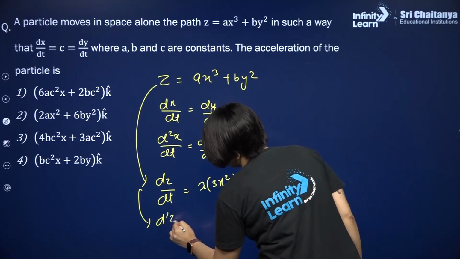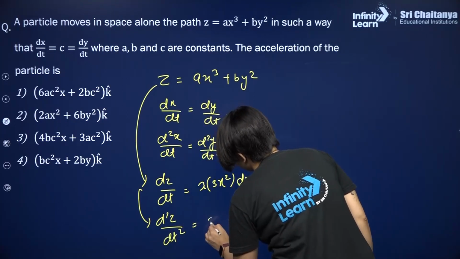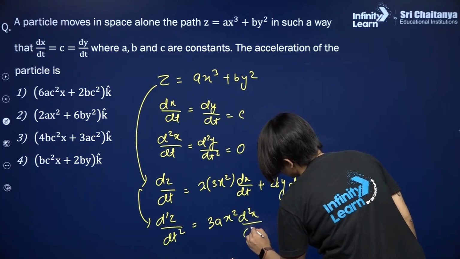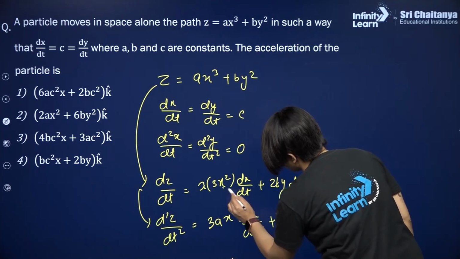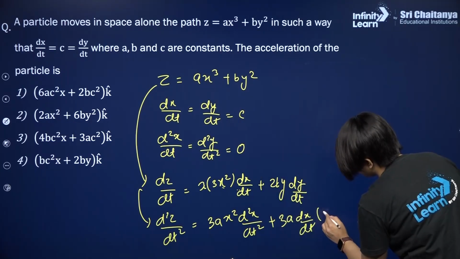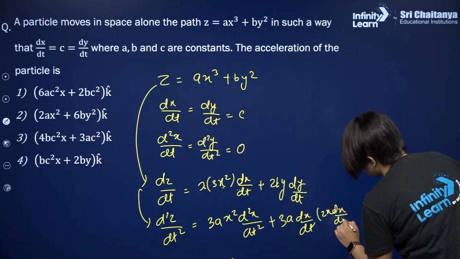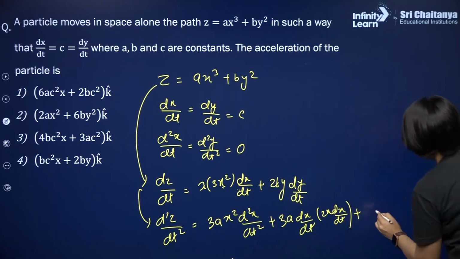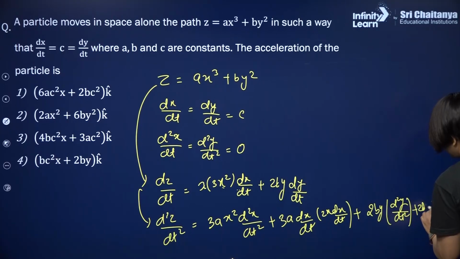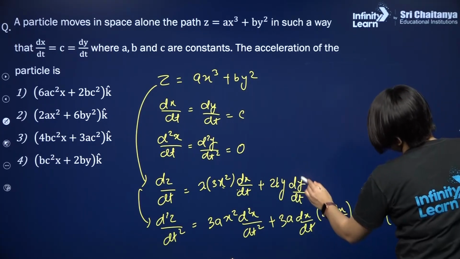So, it is d2z upon dt square, that is 3a x square d2x upon dt square plus I am applying product rule between these two. So, this will be 3a dx upon dt into 2x dx upon dt plus 2by d2y upon dt square plus it will be 2b dy by dt into differentiation of y will be dy by dt. Applying product rule for y and dy by dt over here.